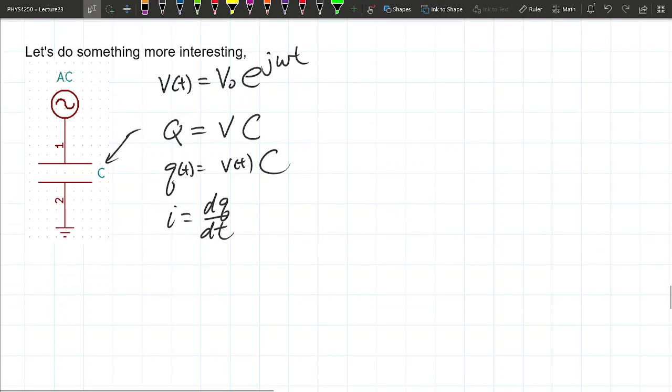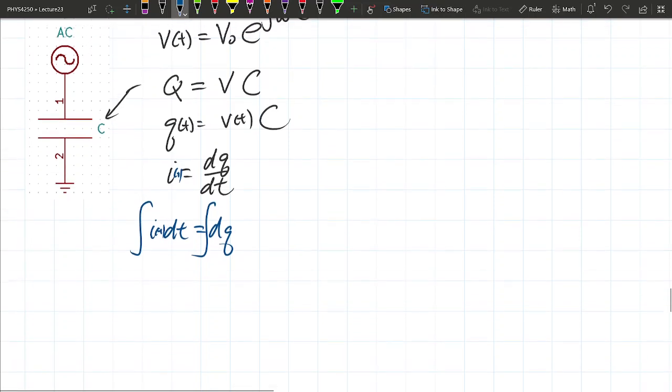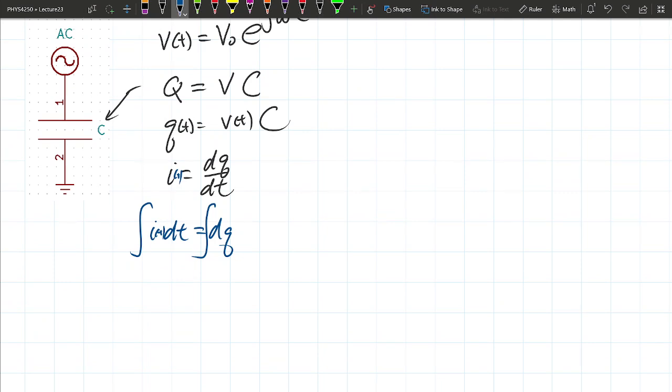Actually, I need to do a little bit of algebra. I dt equals, and I'm going to explicitly write that this depends on time, and then dq on the other side. I'm going to integrate both sides. When I integrate the left-hand side, it's just this complicated function.